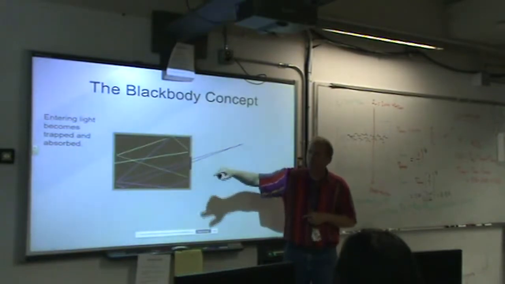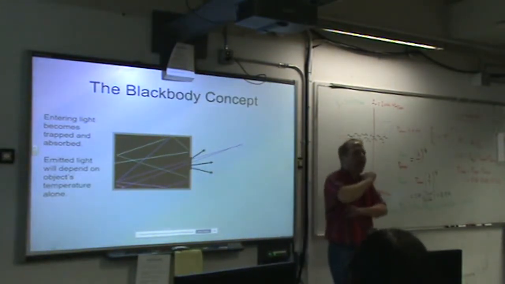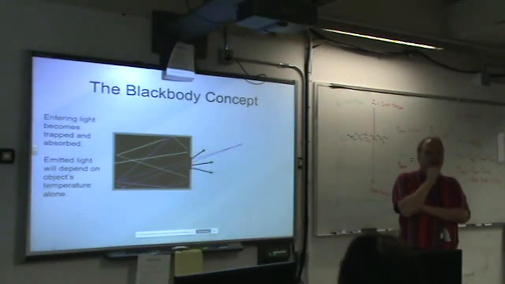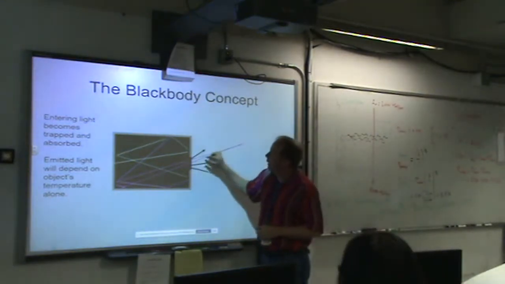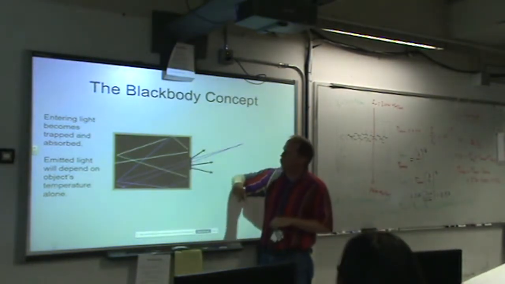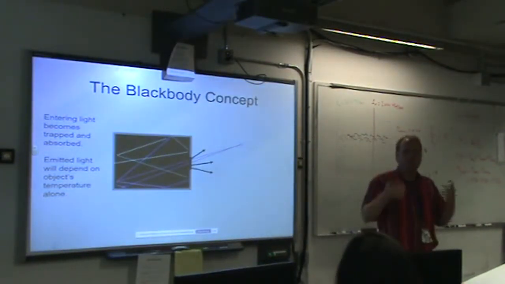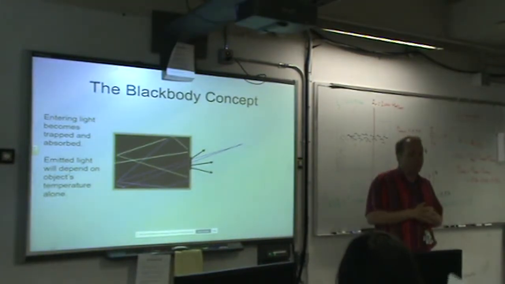But you're also going to get radiation coming out of the mouth of the cavity. And their logic here was that any light that goes into a cavity will definitely be absorbed. It's going to behave the same way as a perfectly absorbing body, which is called a black body. Okay, so this is called black body radiation.